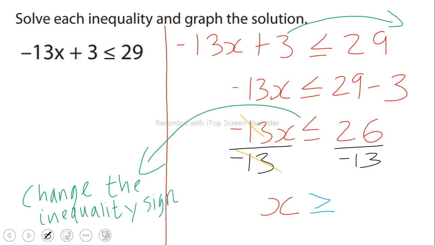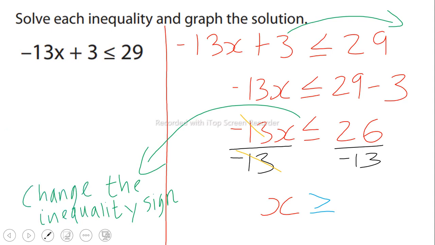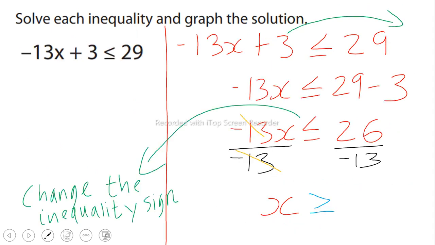So every time we divide by a negative, and here notice that we divided by negative 13 on both sides, when you're dealing with inequalities, you always change the sign. That's very important to remember. We didn't change the sign here because we divided by a positive. But when you are dividing by a negative, you always change the inequality sign.